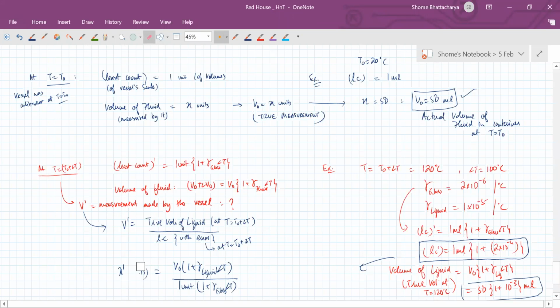So that X prime, the value of that measurement has become this. Understood? No? So that's why X prime will not be accurate.